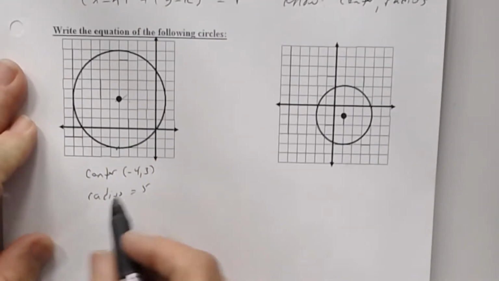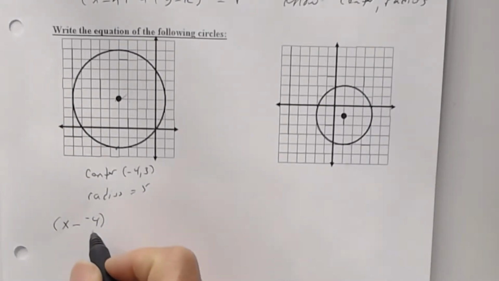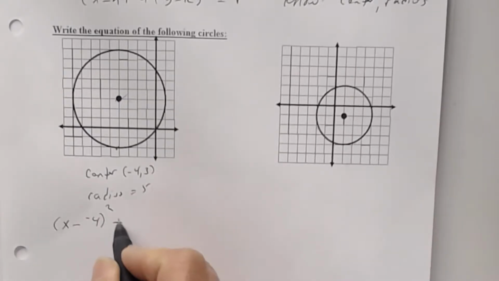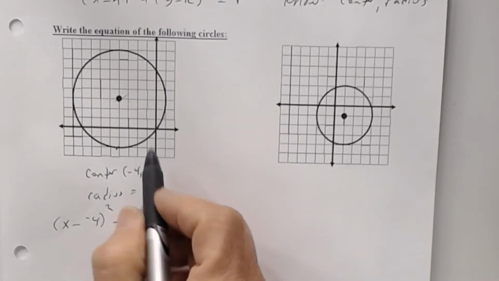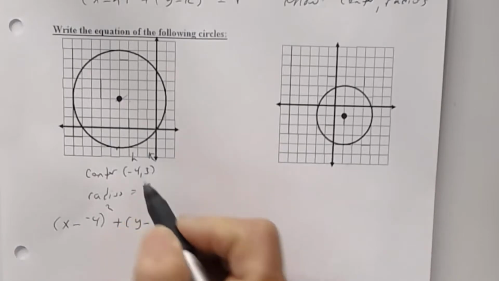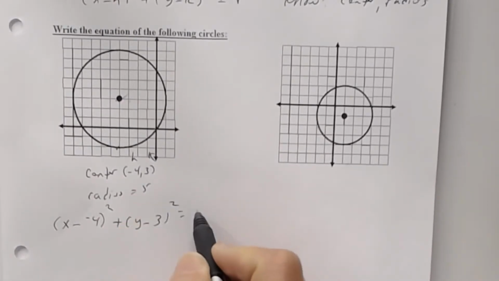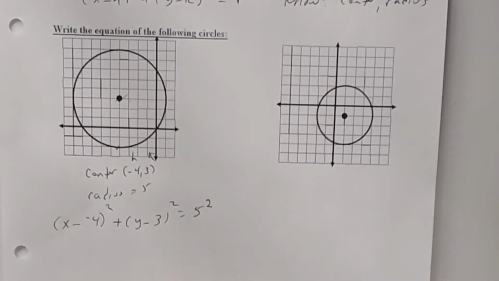So what's going to be your answer? You're going to say x minus -4, squared, plus y minus 3. Remember, your center's x coordinate is h, and your y coordinate is k. Squared equals the radius squared, and the radius is 5. But that's not the answer you give me.